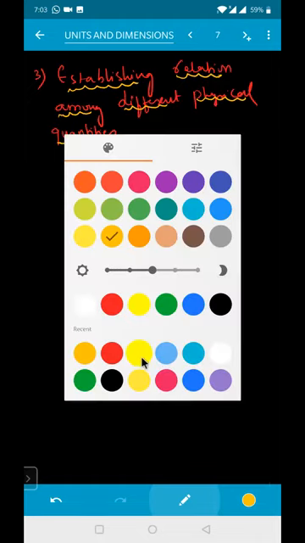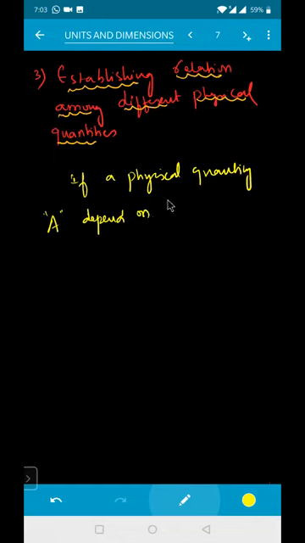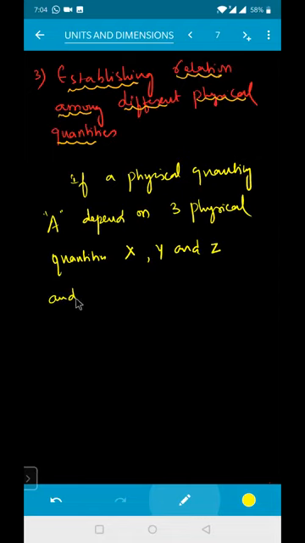Like, for example, if a physical quantity A depends on three physical quantities, say X, Y, and Z, and the relation is product type, that means we need to multiply this. I'll tell you with detailed examples also. Don't bother.